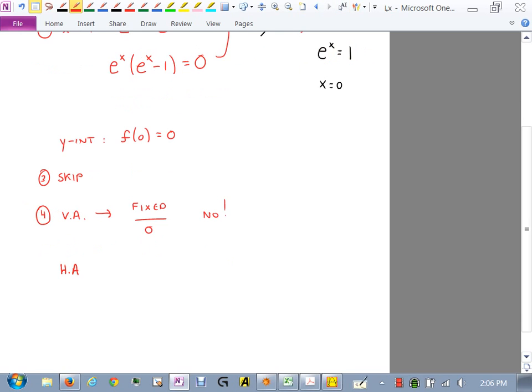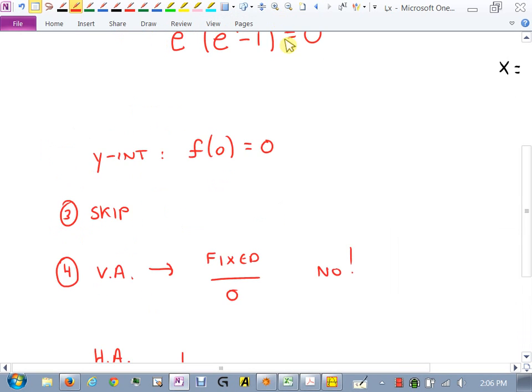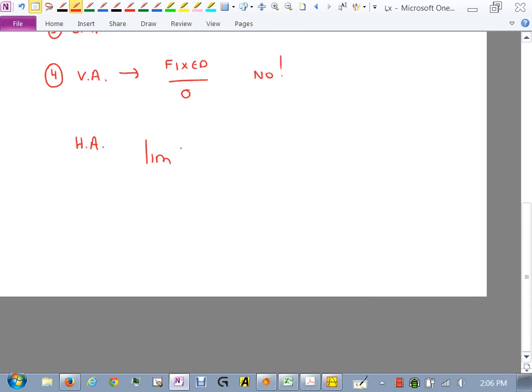Horizontal asymptotes. You have two limits you have to look at. The limit as x goes to negative infinity of e to the 2x minus e to the x, and the limit as x goes to positive infinity of e to the 2x minus e to the x. In the first case, what happens when I plug negative infinity in here?